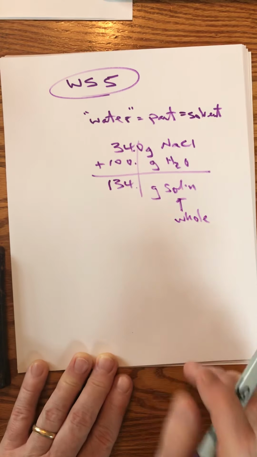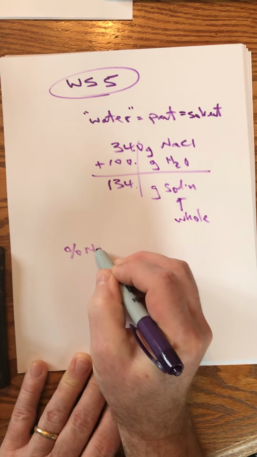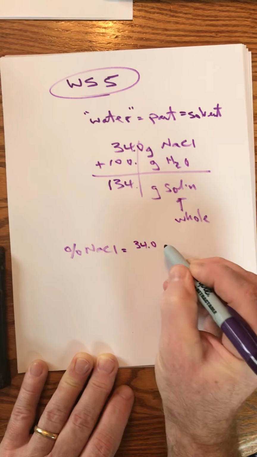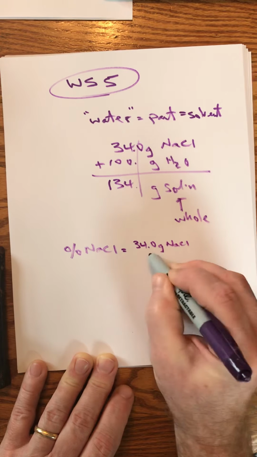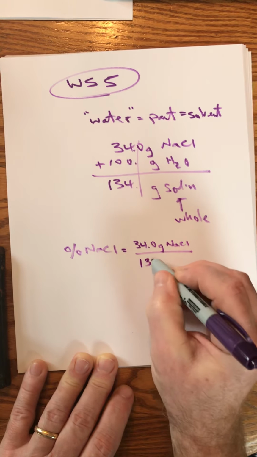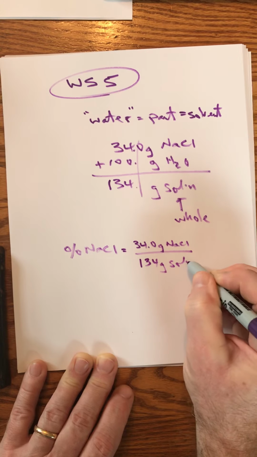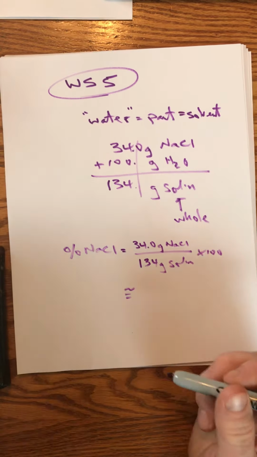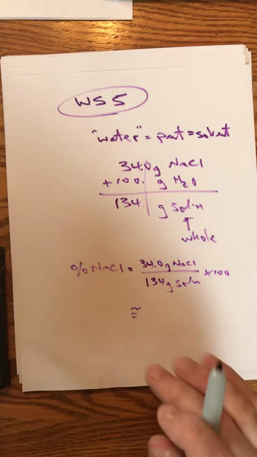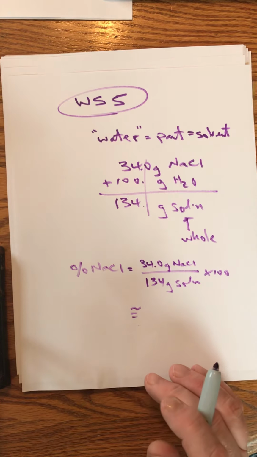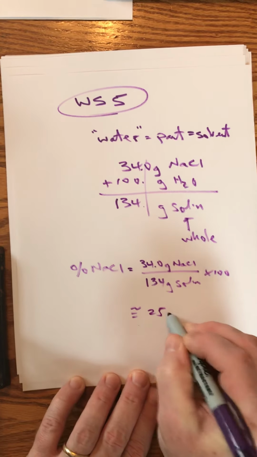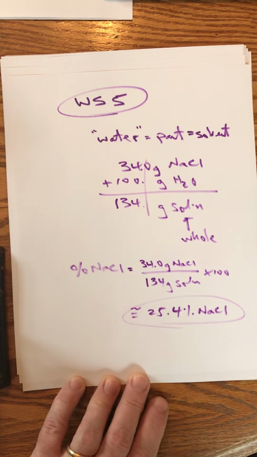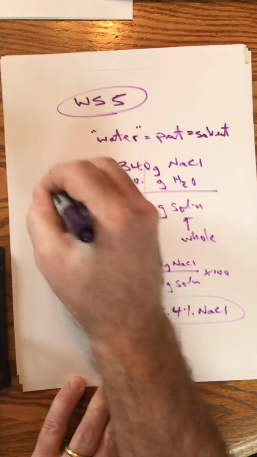That's the whole. So your percent NaCl is 34 grams of NaCl out of 134 grams of solution times 100, 3 sig figs, and the key tells me 25.4%. Percent NaCl by mass. Okay, so that's number 1. Pretty straightforward.